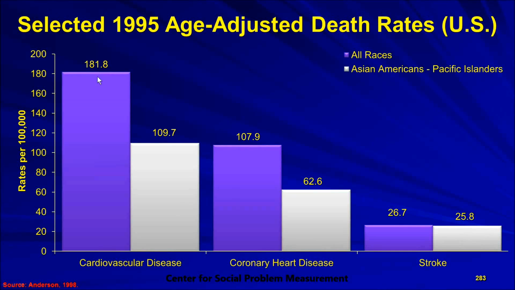We would begin to use analytic epidemiology to ask the question: what is it then that they're doing that the total population is not, that helps reduce these two diseases, cardiovascular disease and coronary heart disease?